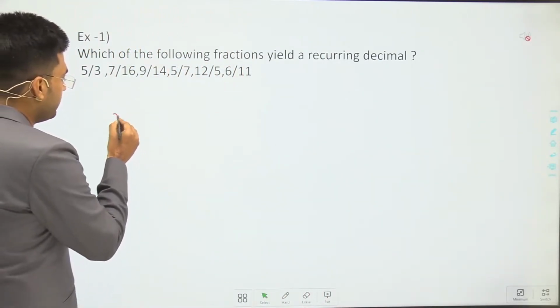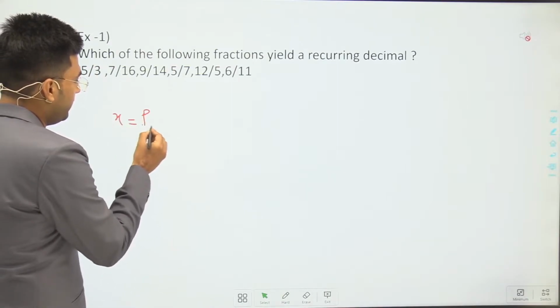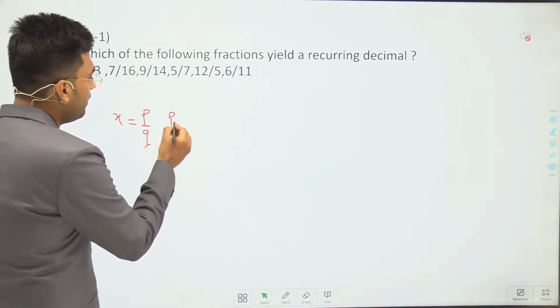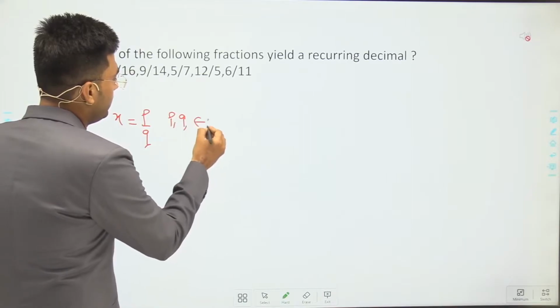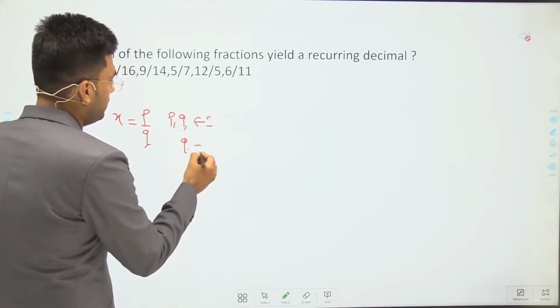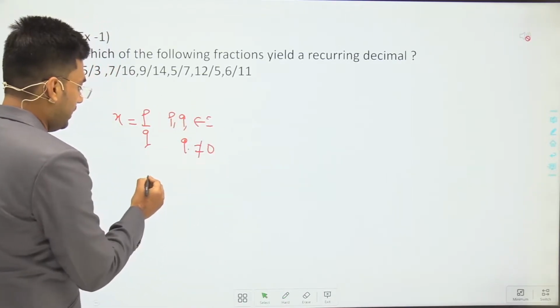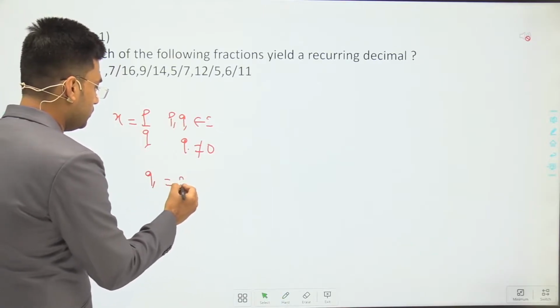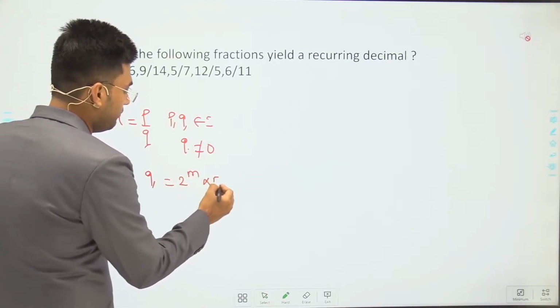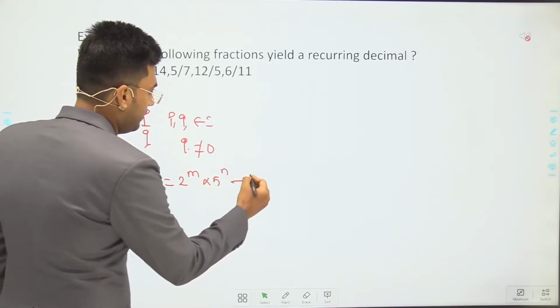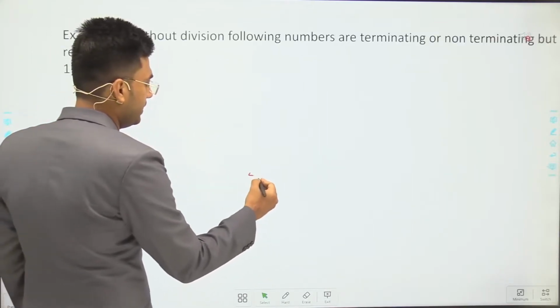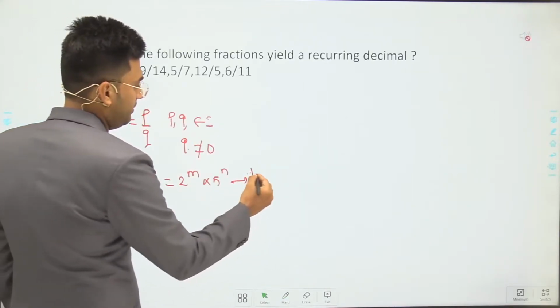Again we revise our theory. If x is equal to p by q, where p and q belong to integers and q is not equal to 0, and if q is equal to 2 power m into 5 power n, then the decimal representation is terminating.